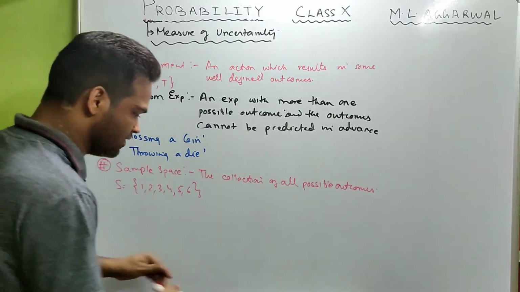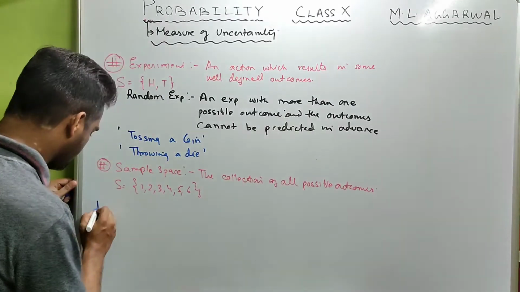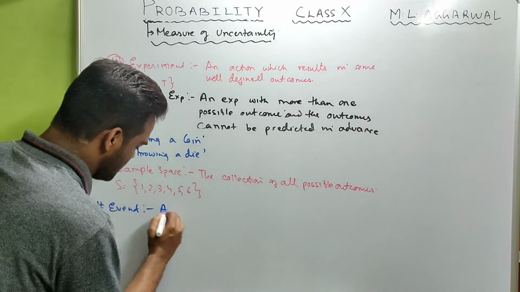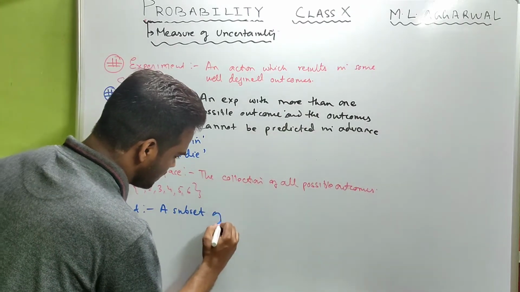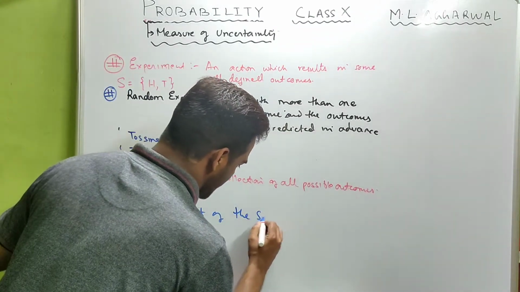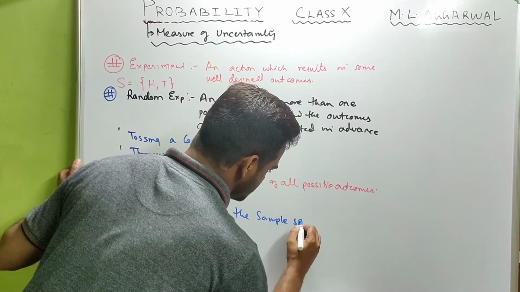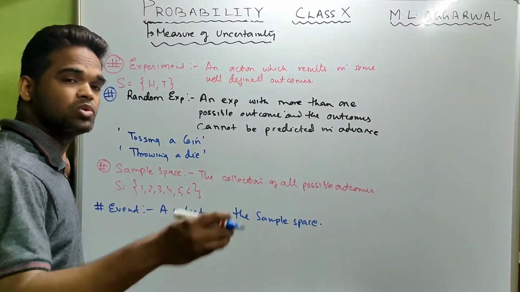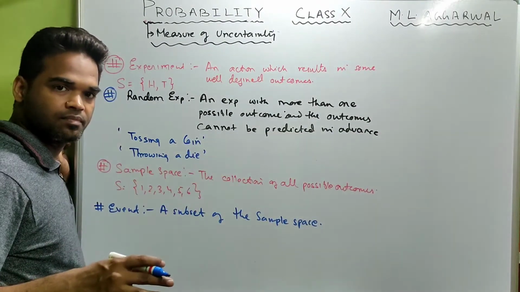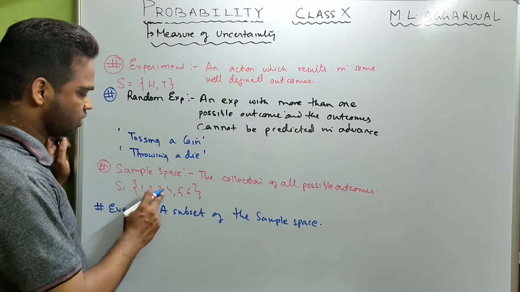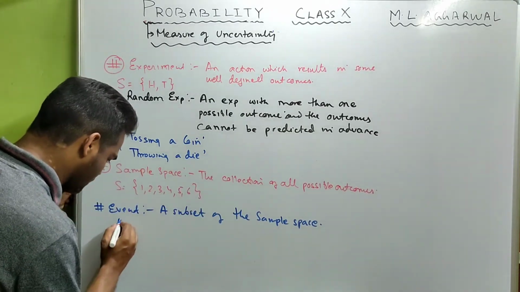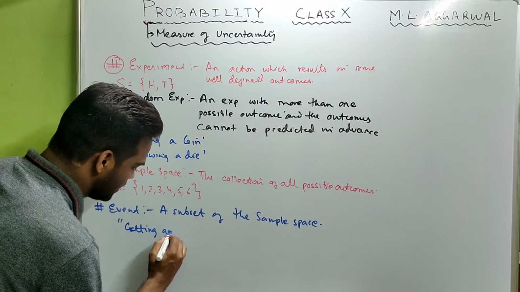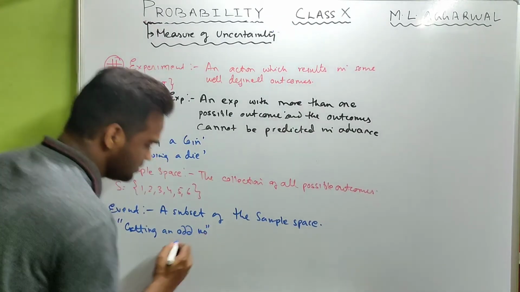Now comes event. What is an event? Simple. A subset of the sample space is known as an event. For example, when you throw a die, the sample space is 1, 2, 3, 4, 5, 6. So one of our events can be getting an odd number.